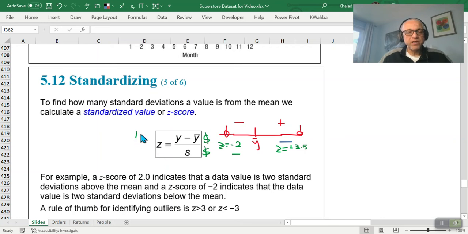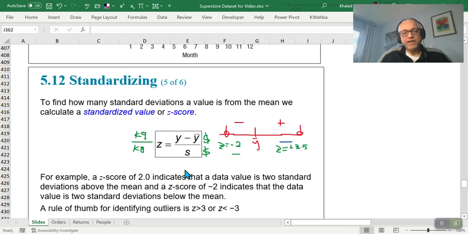If this is a kilogram, the difference is kilograms divided by the standard deviation, which is kilograms as well. So Z doesn't really carry any units. This is one of the advantages, that you can compare apples to oranges, but you need to standardize first. Or you can compare different places against each other, but you need to standardize first.